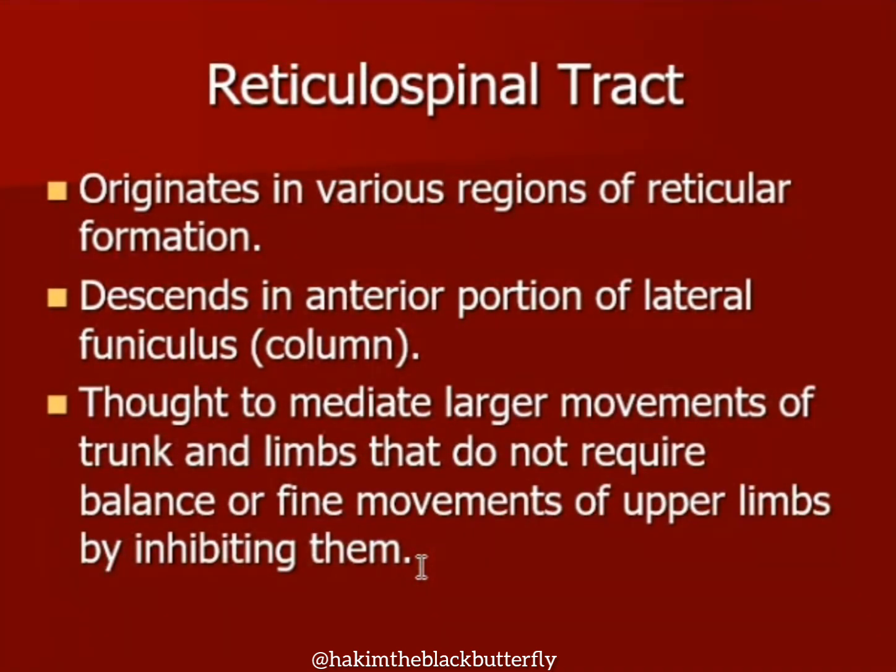They are divided into two: the pyramidal tract and the extrapyramidal tract. The pyramidal tract has the corticospinal and the corticobulbar. The corticospinal transmits motor impulses to the spinal cord, whereas the corticobulbar transmits impulses to the brainstem.